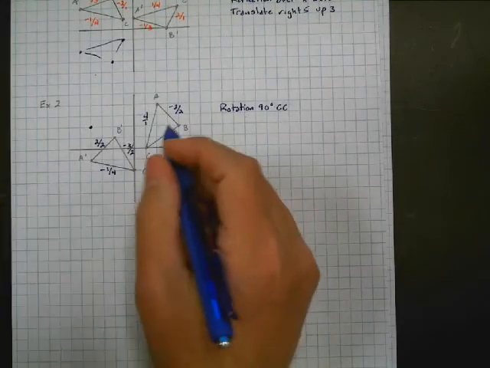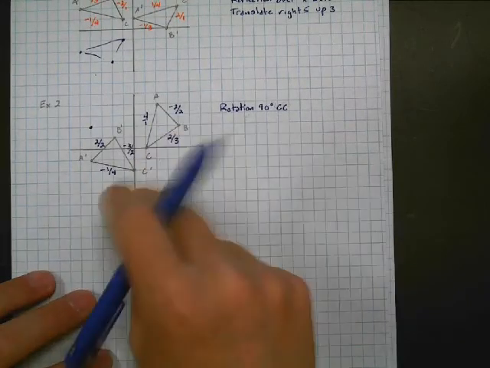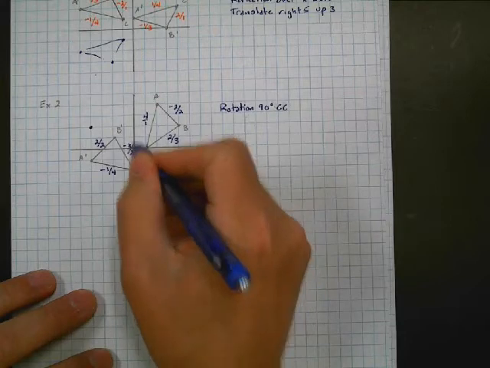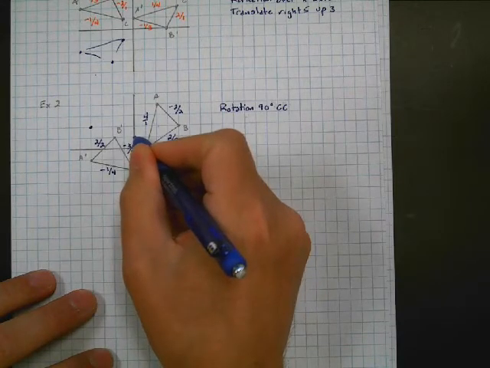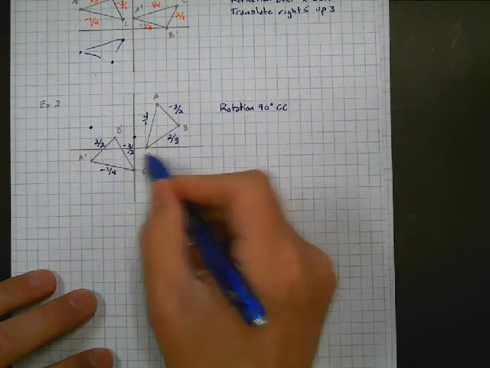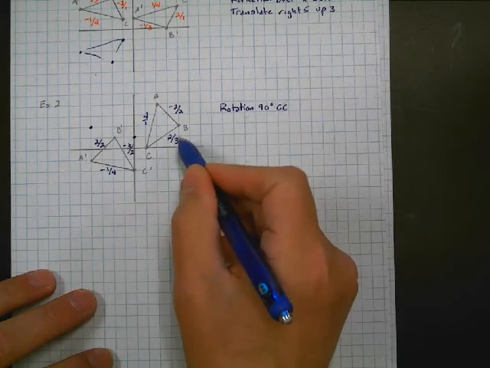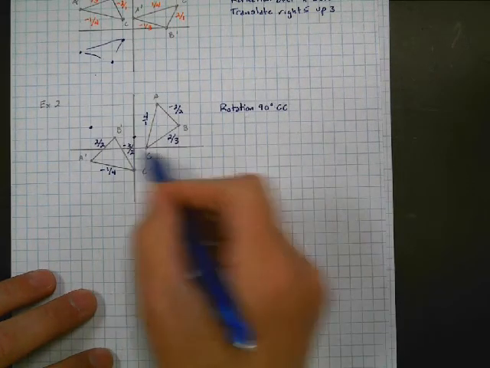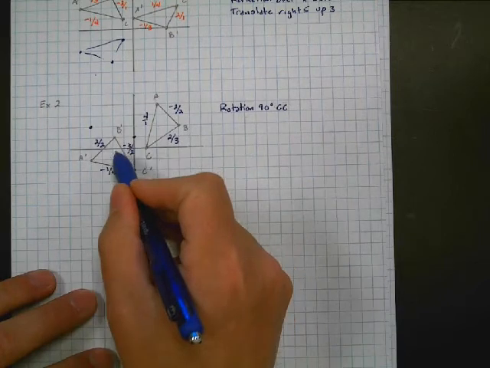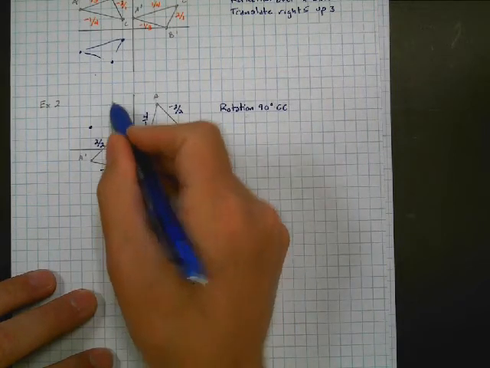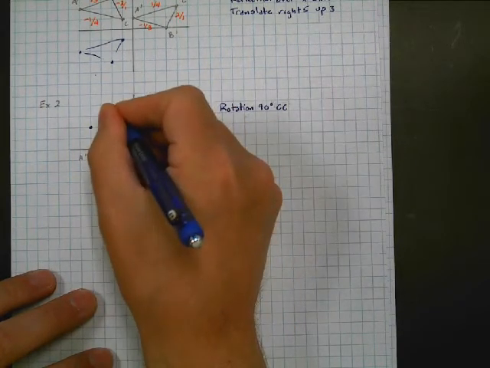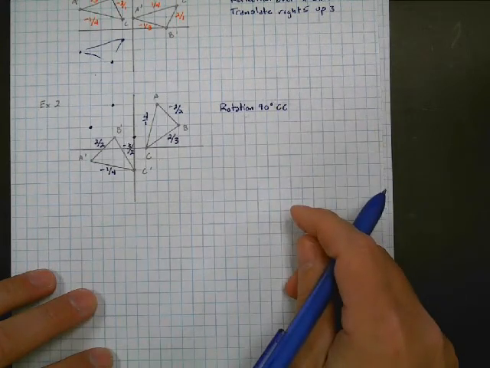So if I spin it, I can see that that one's going to be at 0, 1. I'm just switching the x and y's. So here's where C would end up being. And then B is 1, 2, 3, 4, 1, 2. So instead of 4, 2, I'm going to go 2, 1, 2, 3, 4. This is my quick way of doing rotations.